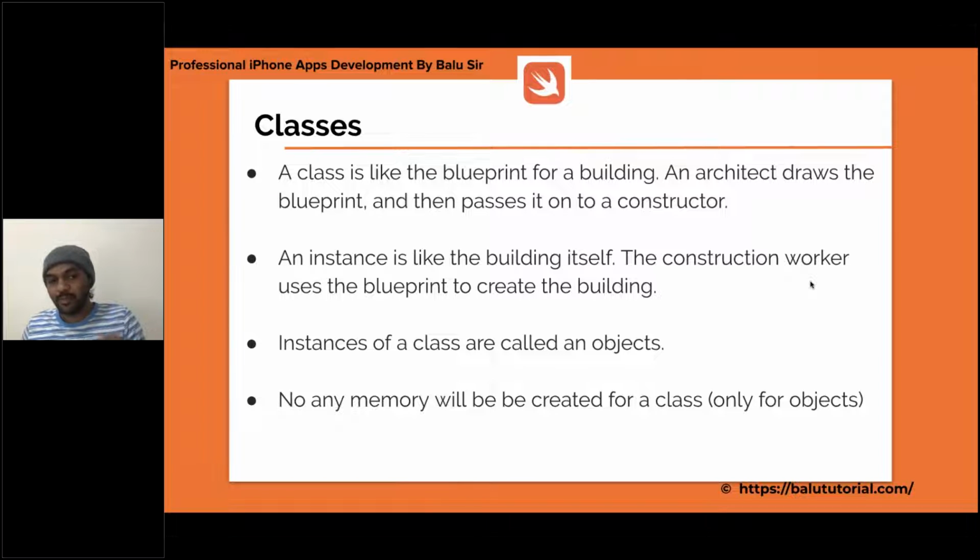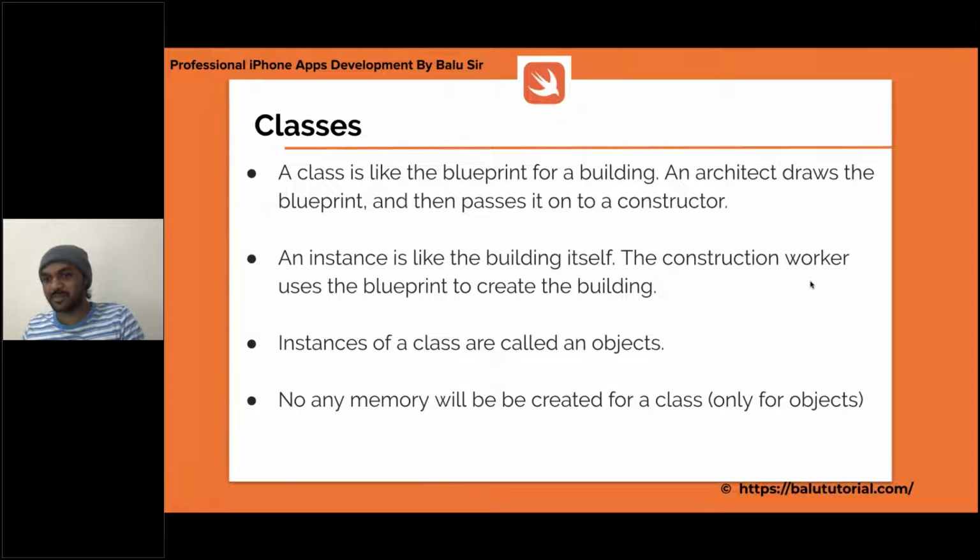No memory will be created for a class, only for the object. In order to define the building plan on paper, you don't require any kind of raw materials. When you are constructing the building, then you need the raw materials.